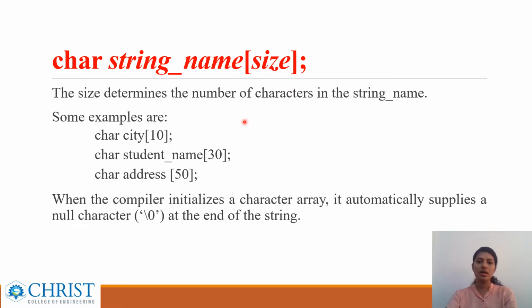So these are string declarations. When these strings are initialized with some values, the compiler will automatically assign a \0 character at the end of each string. So when a compiler initializes a character array, it automatically supplies a null character \0 at the end of the string.